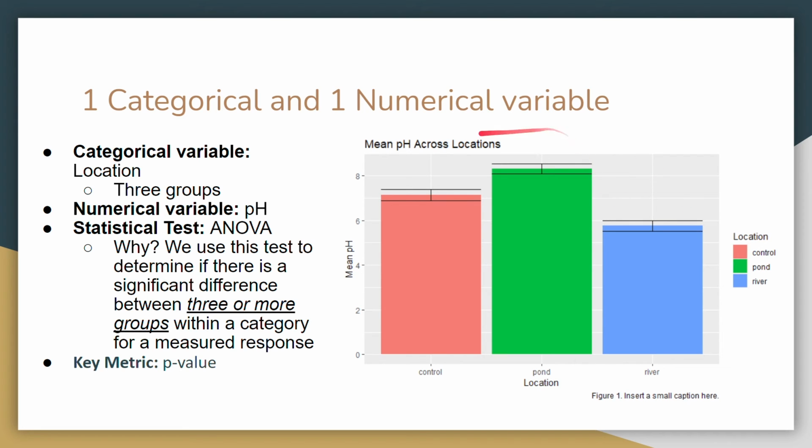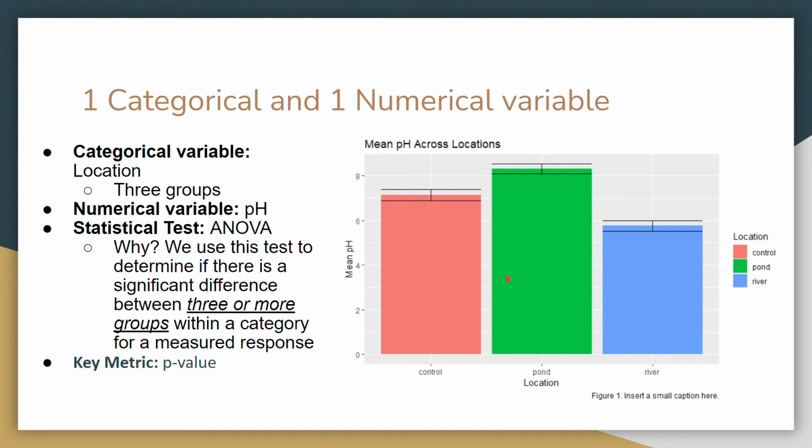So what will be returned is an F statistic and a p-value. If the p-value, again, is less than 0.05 or whatever your significance level is, or whatever your alpha level is, then there is a difference that exists between these three locations somewhere in the combinations.